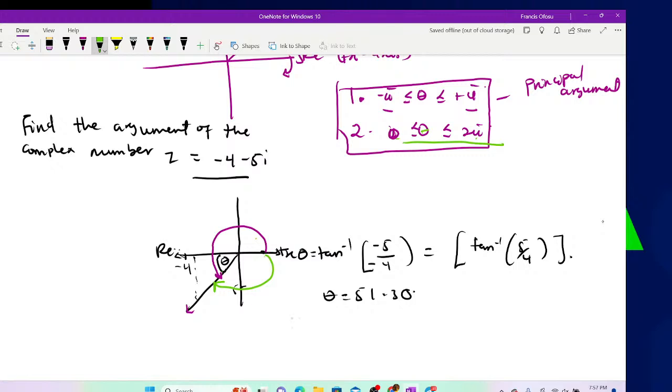So by convention 1, my argument is equal to 180 plus 51.30, which gives me 231.3.